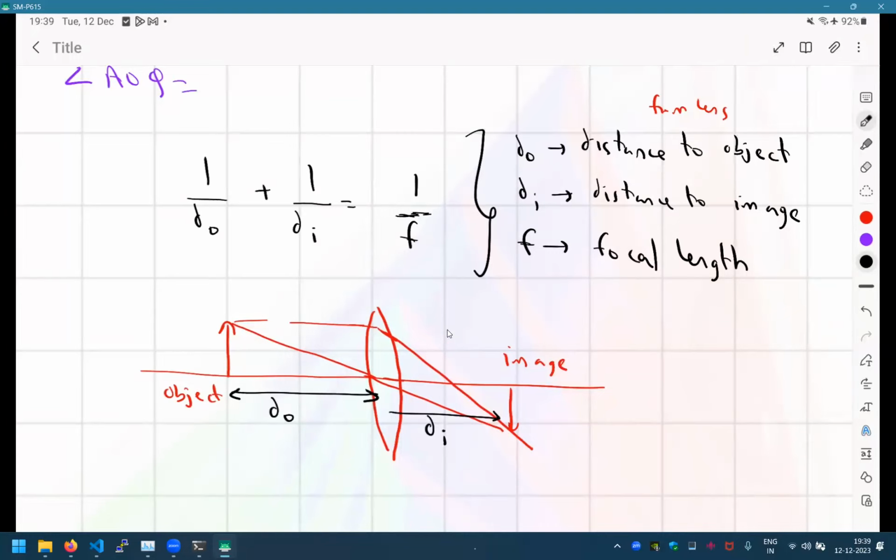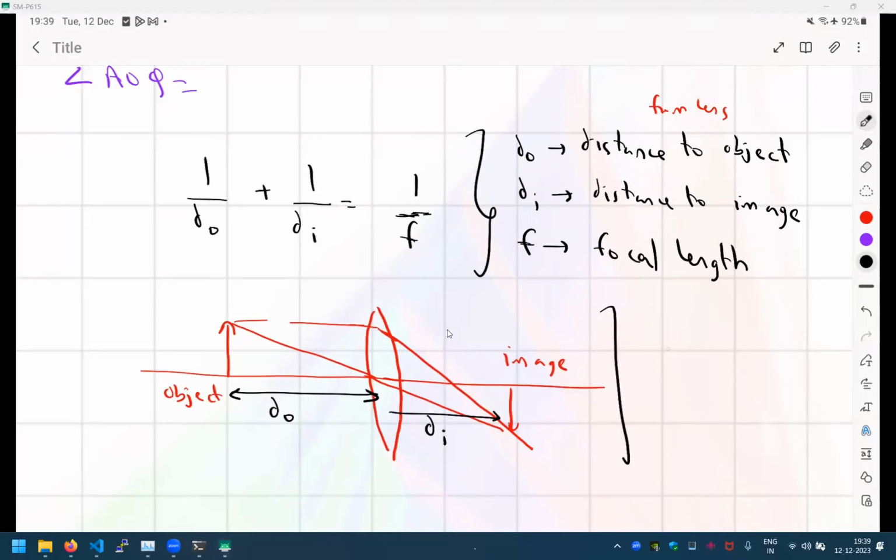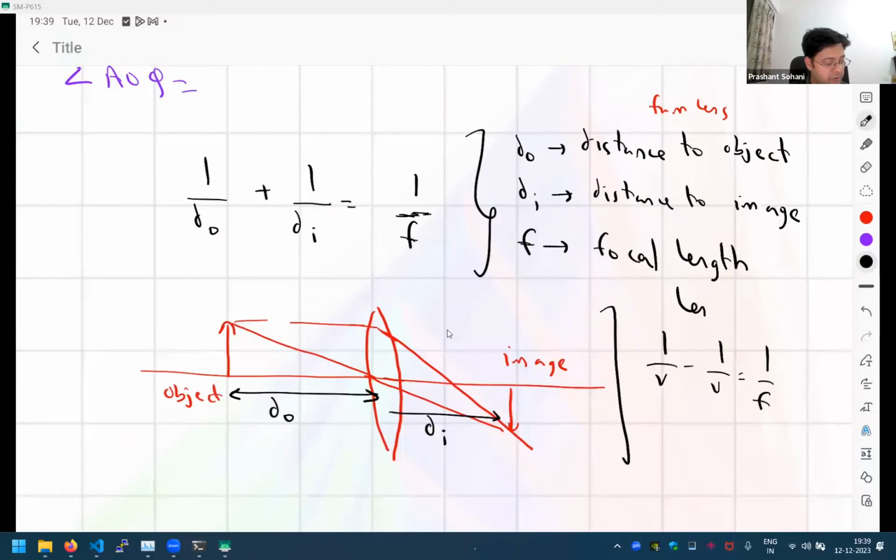But the lens formula is different from the mirror formula. You are saying 1 by V minus 1 by U is equal to 1 by F is the formula for lens, and this is the formula for mirror. Is that what you're saying? Yes. Okay, that could be the case. I also didn't know that.